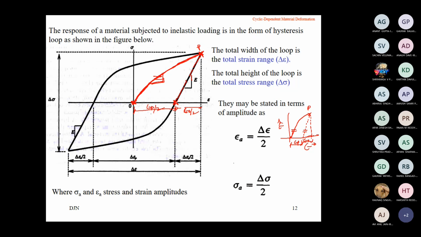After unloading to 0, go on stressing further in the opposite direction. Apply load on the compression side. First, some load is required to overcome the previous plastic deformation which occurred because of the tension. That plastic deformation needs to be closed.